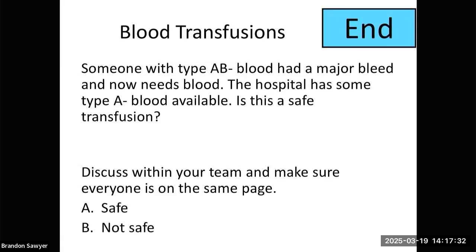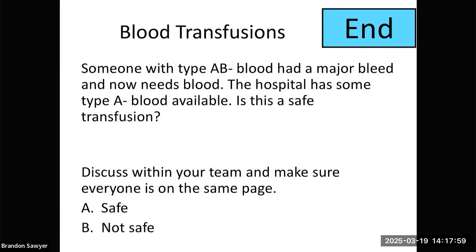Let's go with team 7 here. What do you guys got? Kate's team? You said yes? Did the whole team say yes? Yeah. You said it's safe, okay. And explain why. What makes it safe? AB negative would only have antibodies for RH, right? Yeah. And then A negative blood would have antibodies for B and RH.